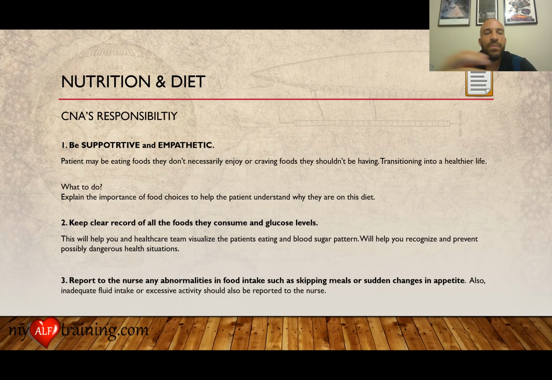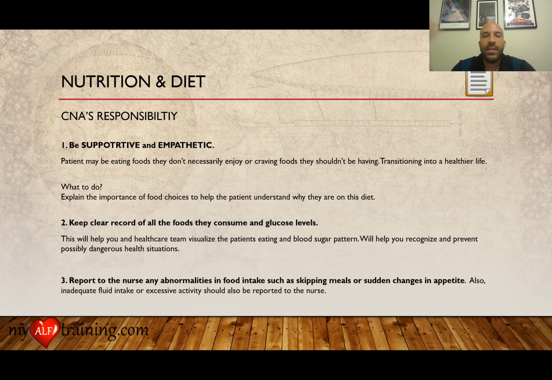And last, one of the most important CNA responsibilities is reporting to the nurse any abnormalities in food intake, such as skipping a meal or sudden changes in the appetite. Now, I know it's not that big of a deal in healthcare.